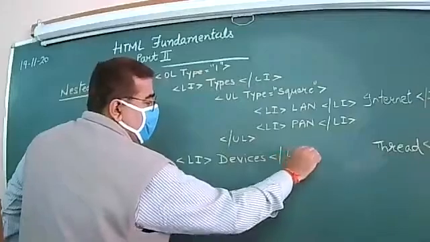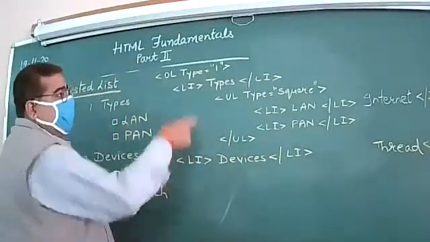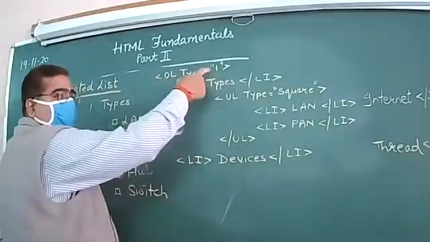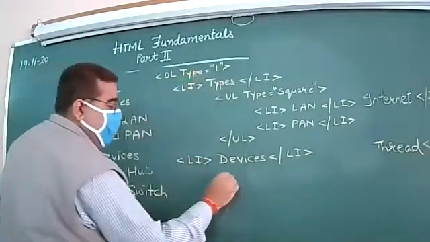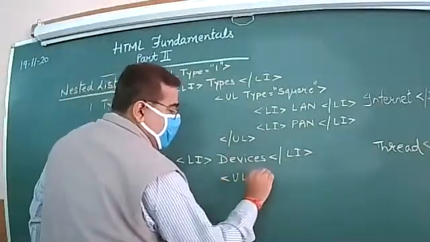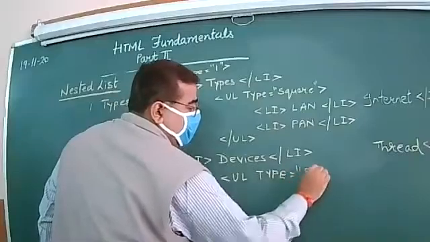Now this li, which I have written over here, it will take the value of order list. Again, inside it, I have two sub options. So I am going with the type attribute. Again, square.